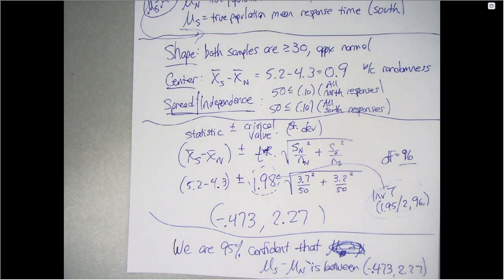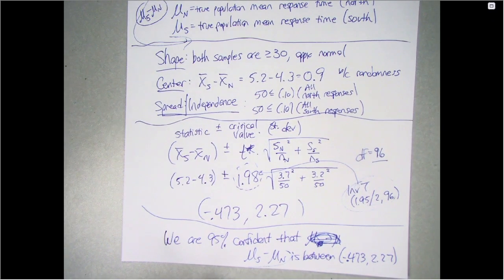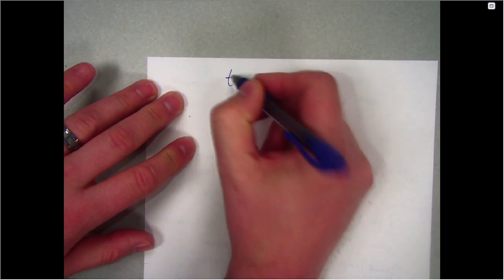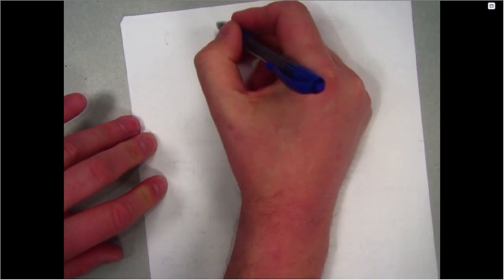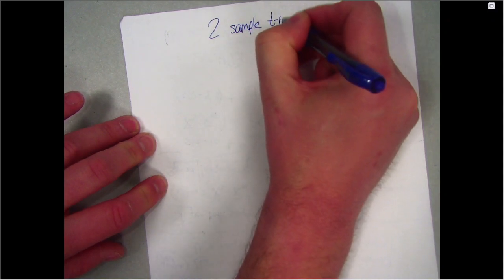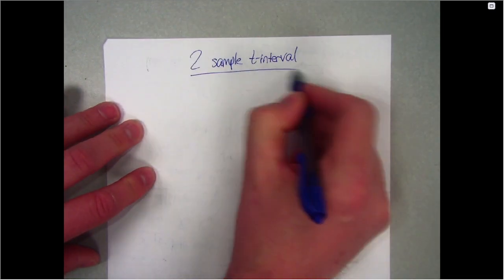Questions in there anywhere? Alright. So you guys want the template next usually? Alright. Two sample T interval.